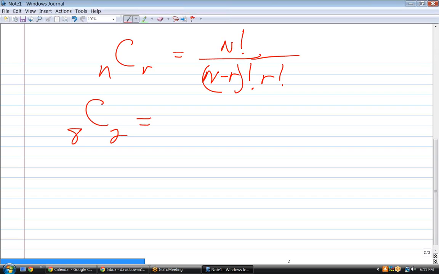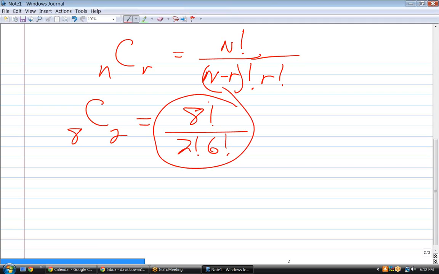Okay, let's plug it in. So it would be 8 factorial over 2 factorial times 8 minus 2 factorial, which is 6. And then evaluate this.